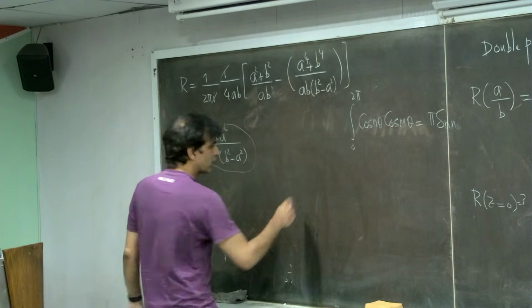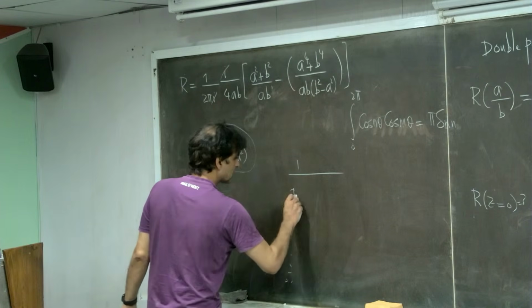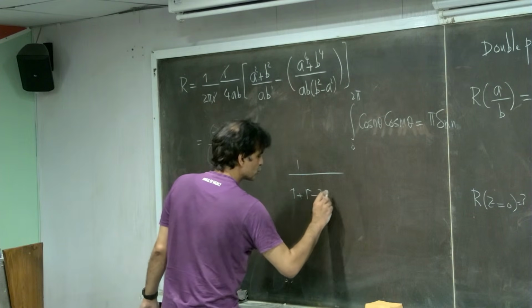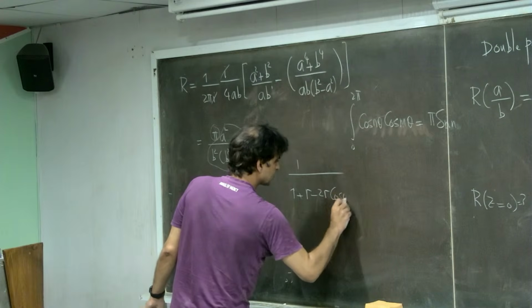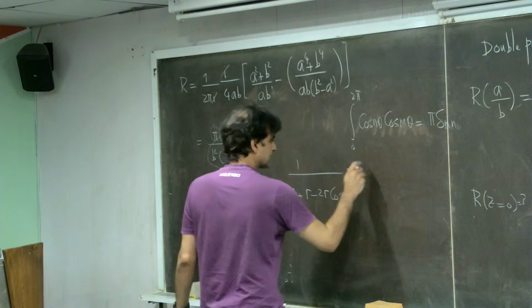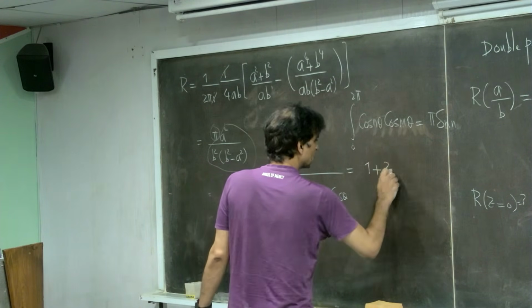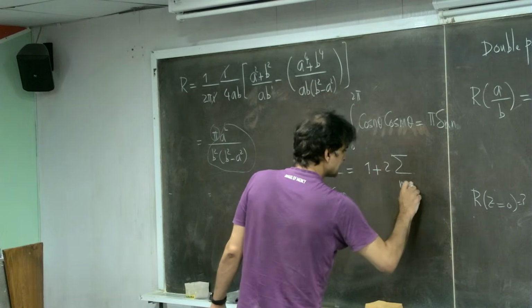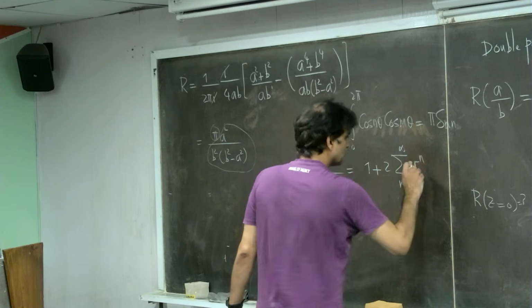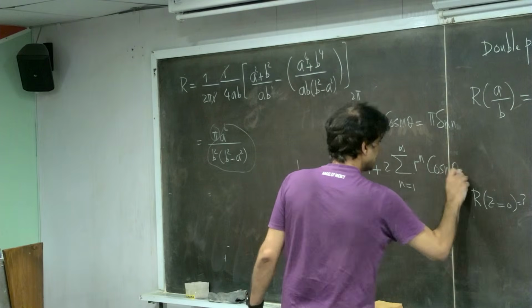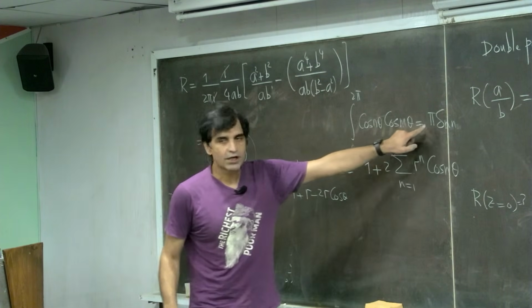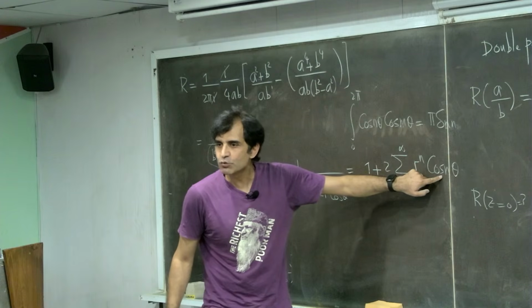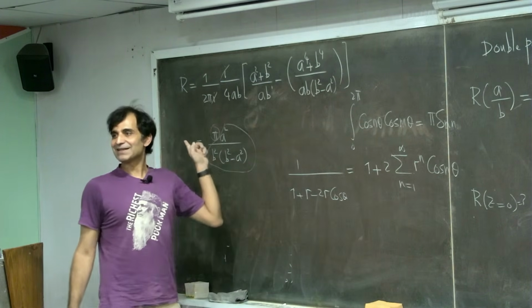The other one is you have to expand this series 1 plus r squared minus 2r cosine theta. You can write it as 1 plus 2 times the summation n equals 1 to infinity of r to the power n cosine n theta. Upstairs you have cosine 2 theta, so n should be equal to 2, and you can verify that the answer will be the same.